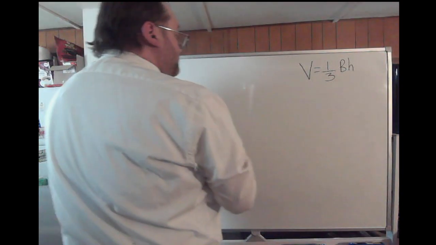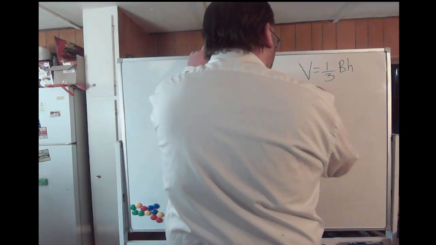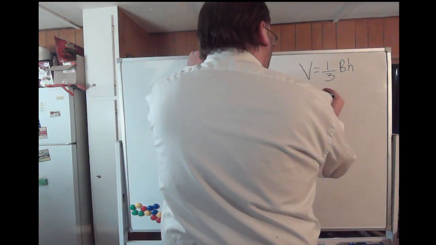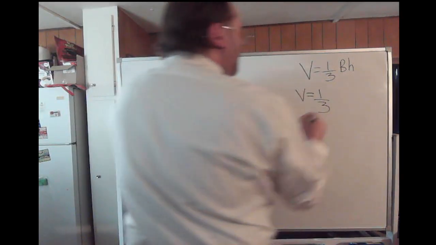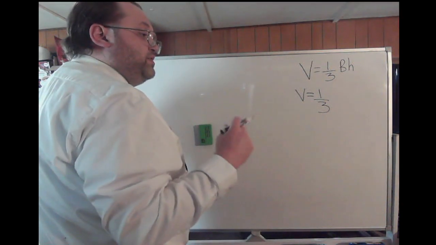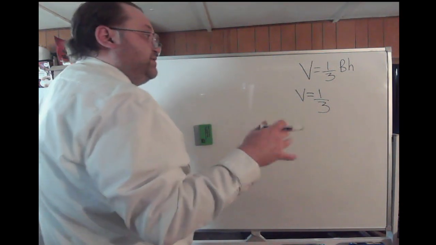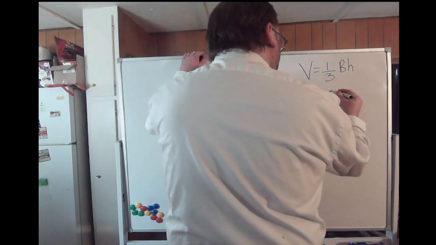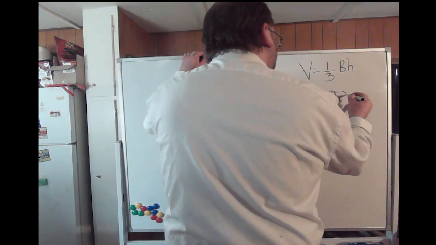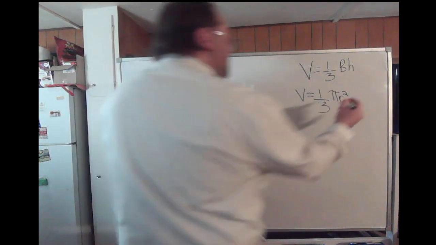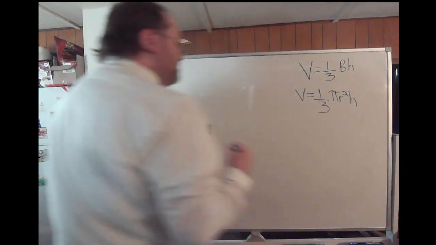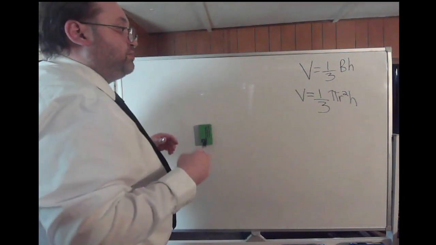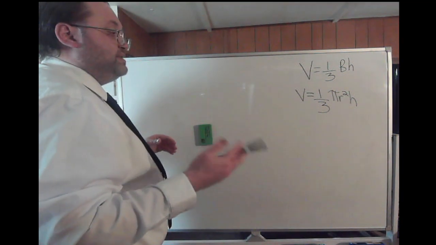And finally, in closing, when we talk about cones, of course, 1/3 goes nowhere, but the area of the base being a circle, the area of a circle is pi r squared. And then you just take all that times the height. You have your volume formula for a cone being 1/3 pi r squared times h.